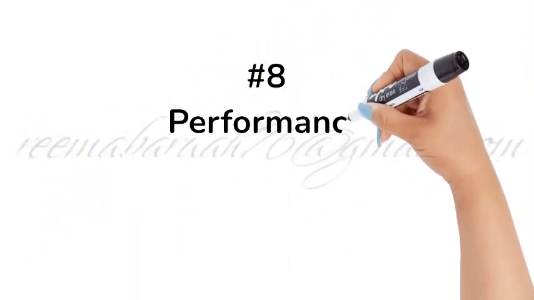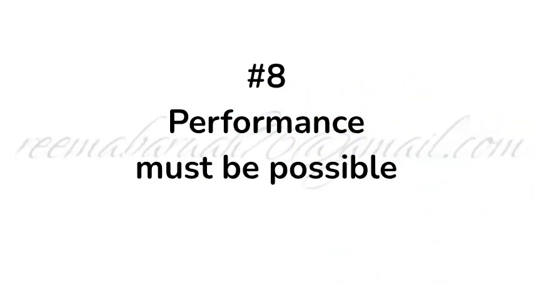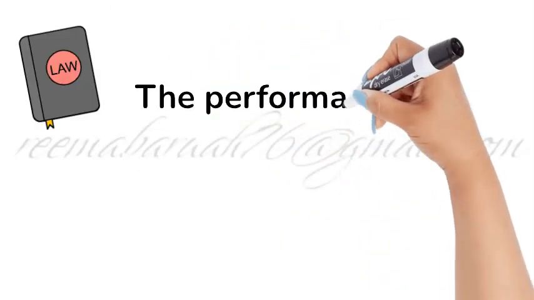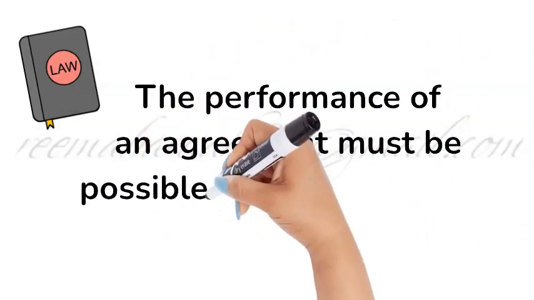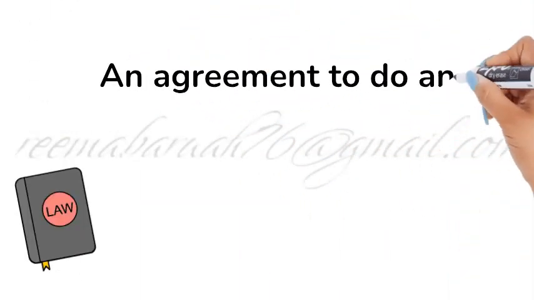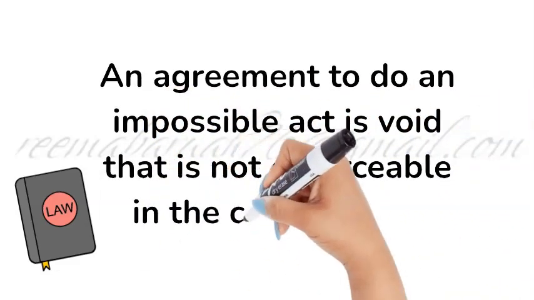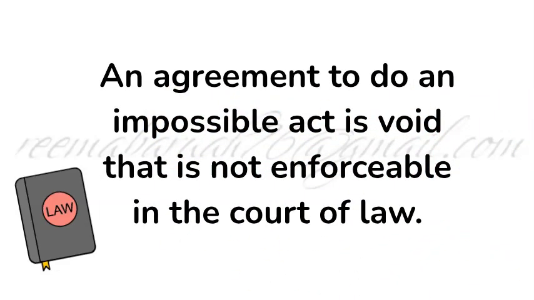Now we move on to the next essential. Performance of an agreement must be possible. The performance of an agreement must be possible in the eyes of law. An agreement to do an impossible act is void, that is, not enforceable in the court of law.